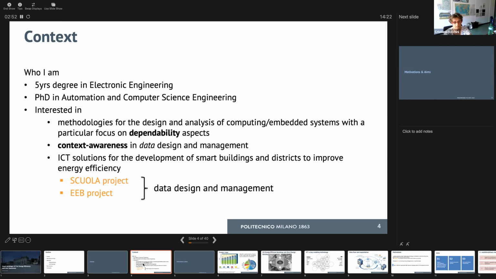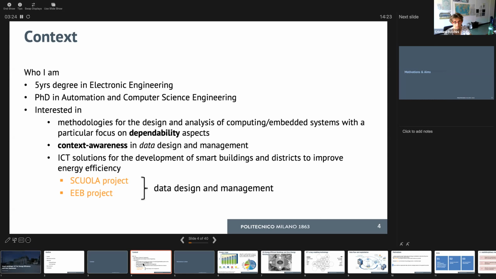My other interest is on context awareness in data design and management, which is actually what led us, me and the other people working on these topics, into the exploration of issues related to the use of ICT for the development and the design or putting in place of solutions for smart buildings and districts.